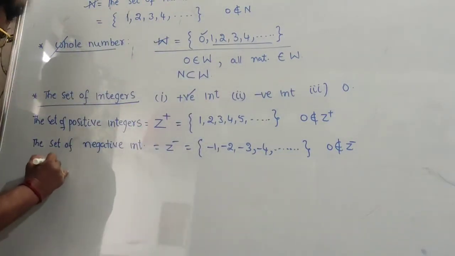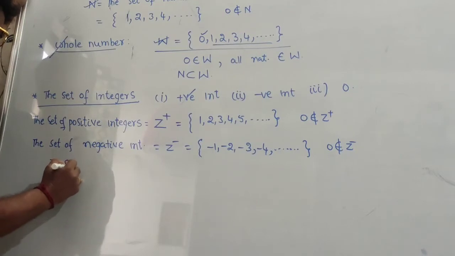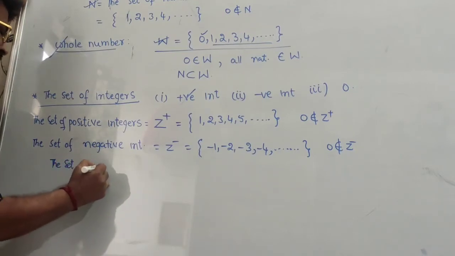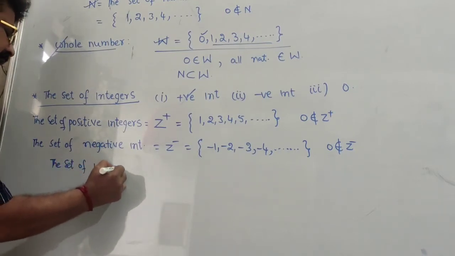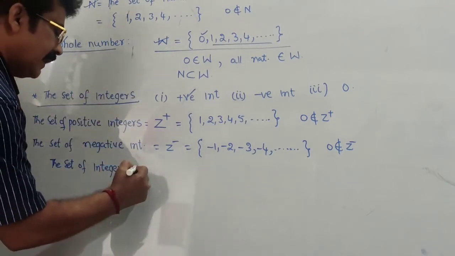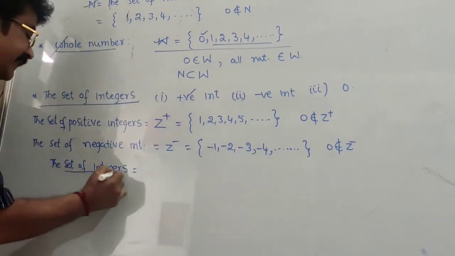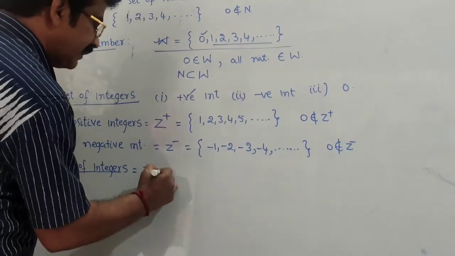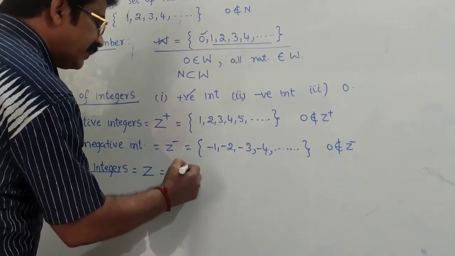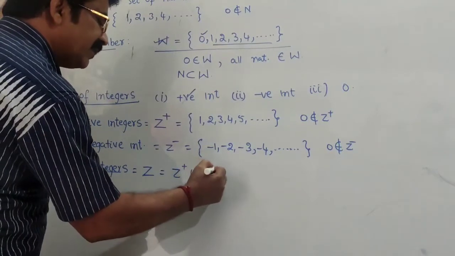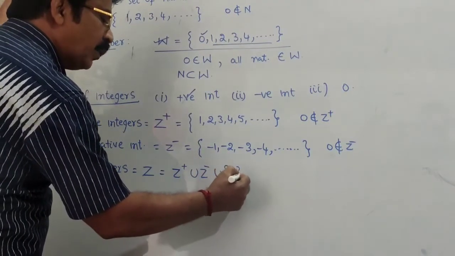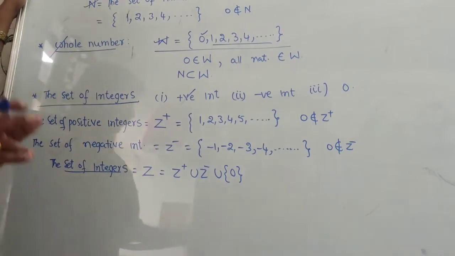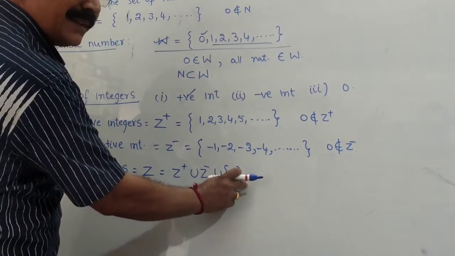Lastly, the set of integers is denoted by Z. Z means actually Z plus union Z minus union the set of 0. Remember, it is not the empty set.